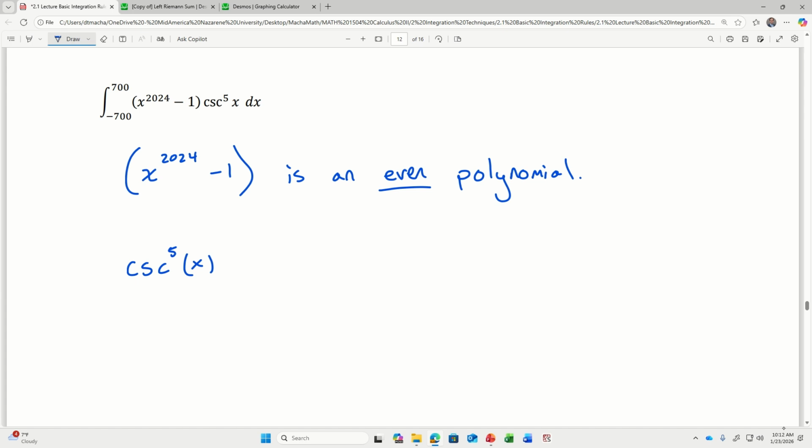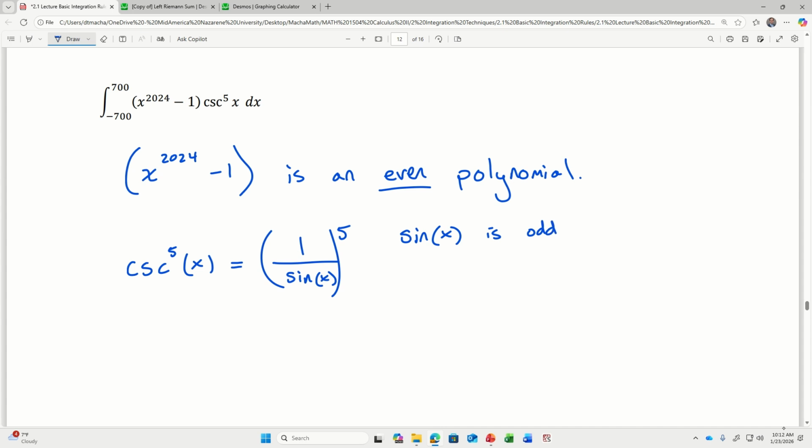Cosecant x raised to the 5th power is the same thing as 1 divided by, what's cosecant? Cosecant's the reciprocal of cosine. Oh, it's just the reciprocal of sine, actually. Yeah, I know the co's are flipped on the reciprocal trig functions, so it's confusing, but cosecant is actually the reciprocal of sine, so I've got 1 over sine to the 5th power. Sine is odd. Everybody should always remember that sine is odd.